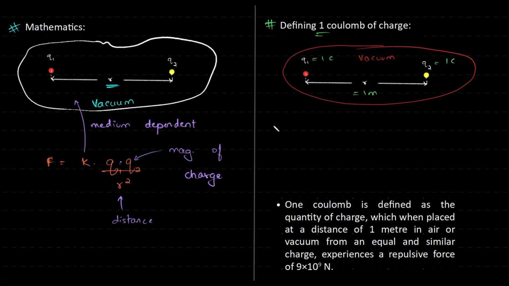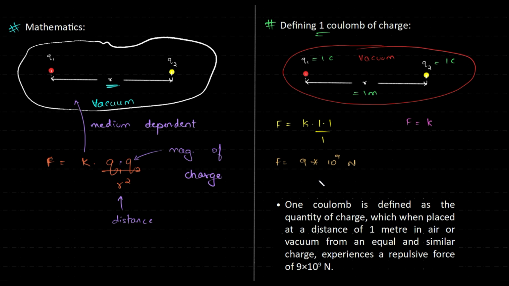So when this happens, let's see what happens with the force. Force is equal to K times 1 into 1 by 1. So basically, F is equal to K. And this constant turns out to be 9 into 10 to the power of 9 newtons.